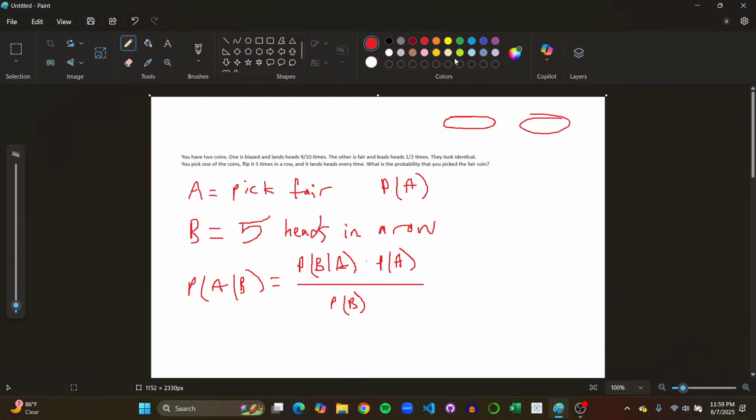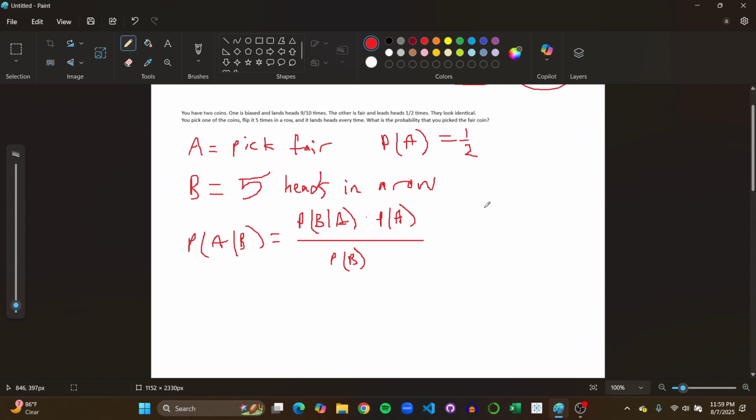One is fair and the other one is not fair. So really you have a 1 out of 2 chance of picking the fair coin, right? So we can plug that into the equation later.